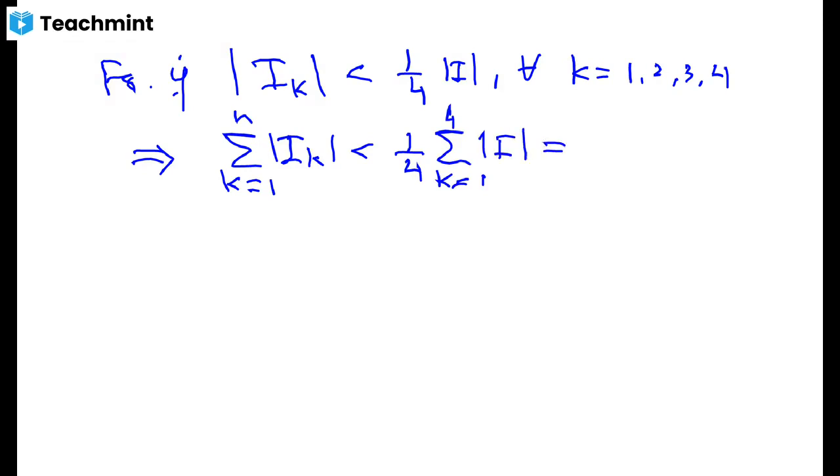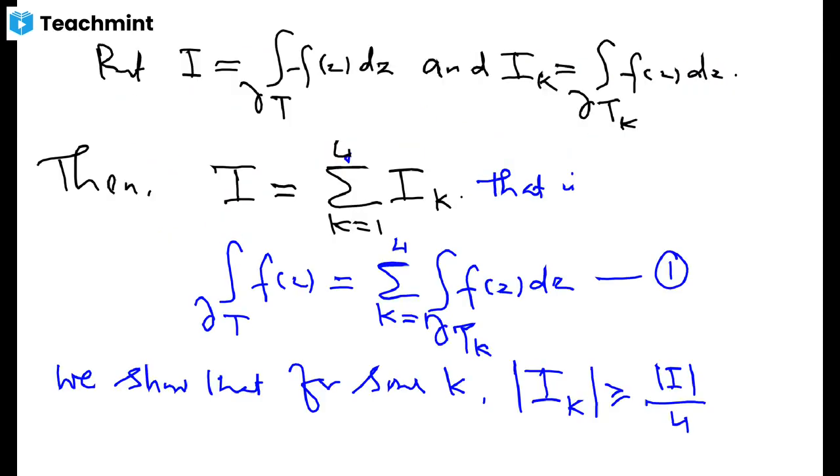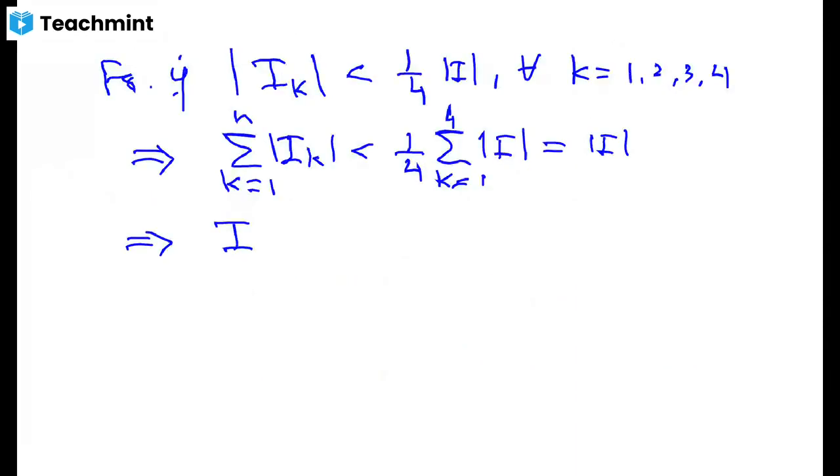Well, this is equal to mod of I. But the left hand side is mod of I, because of the sum we wrote here, because of the first equation. That means if there is no k for which modulus of Ik is at least 1/4 of modulus of I, then you will get this thing, which is a contradiction.